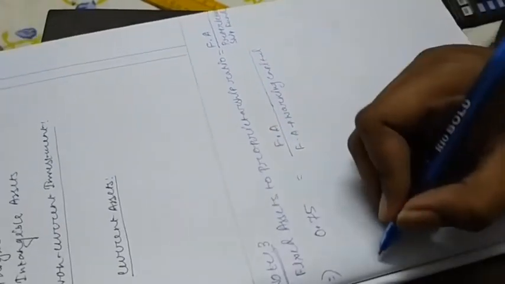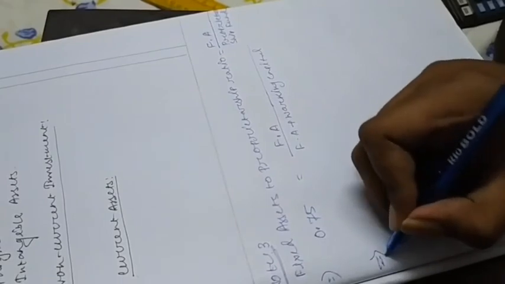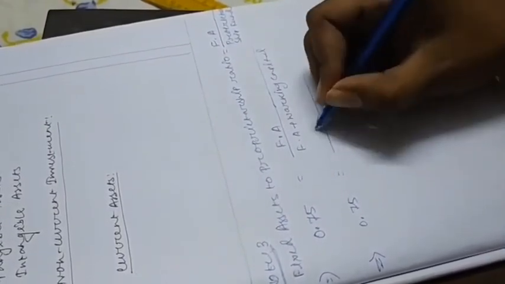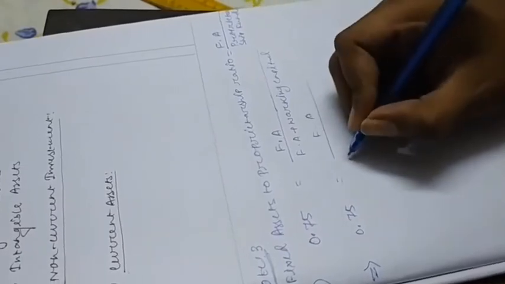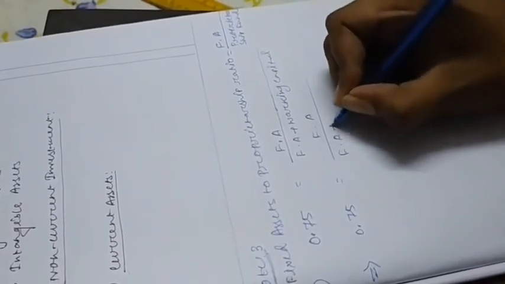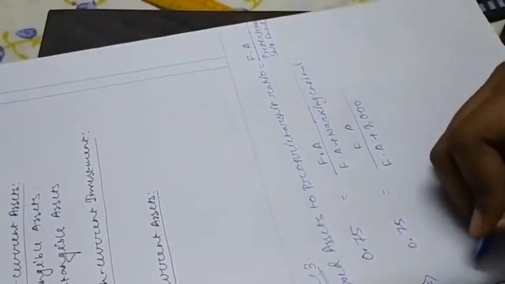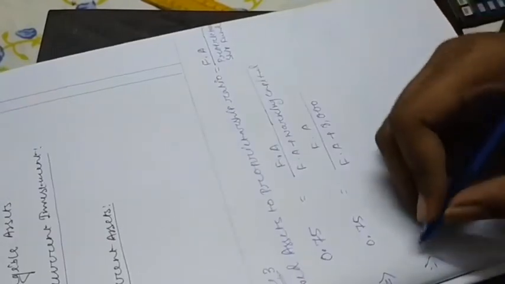So 0.75 equals fixed asset by fixed asset plus working capital, and we know the value of working capital is just rupees 8,000, so we can easily multiply that.